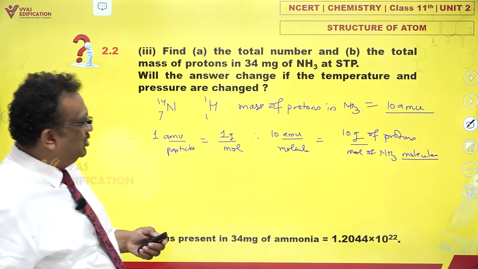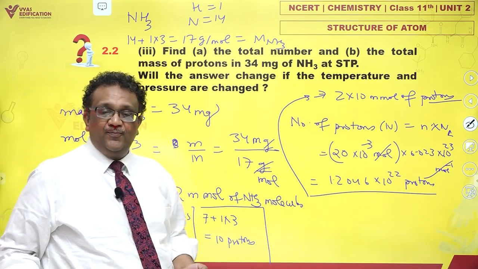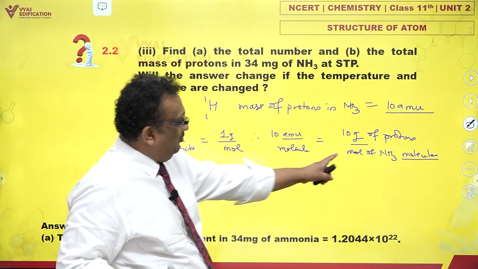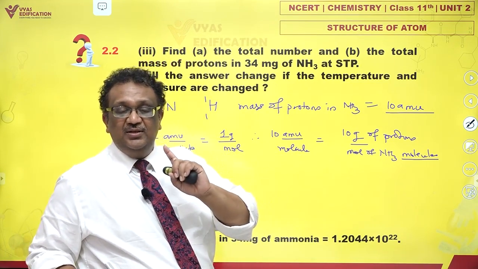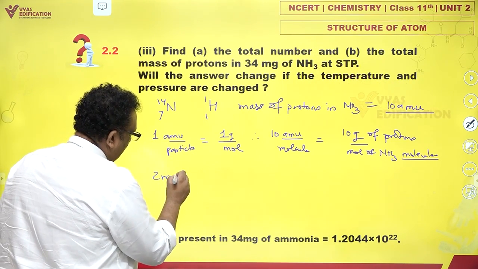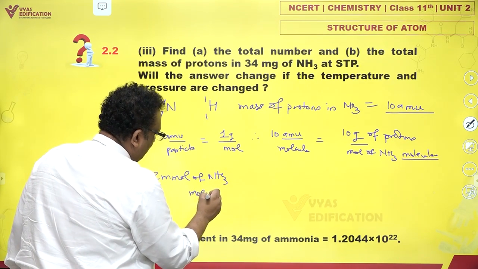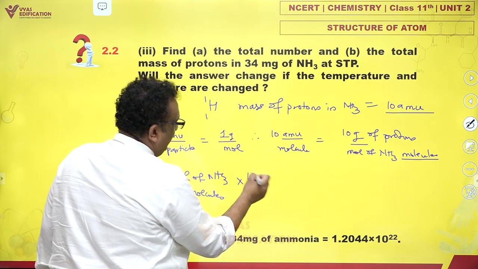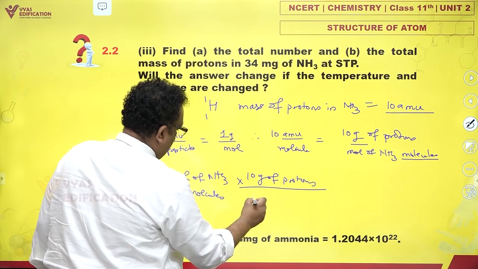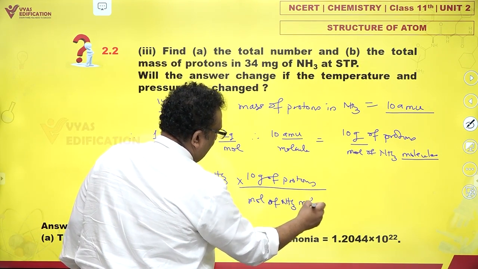But do I have the number of moles of ammonia molecules? Yes, I have that. It is 2 millimoles. So 2 millimoles of ammonia molecules multiplied by 10 grams of protons per mole of ammonia molecules.